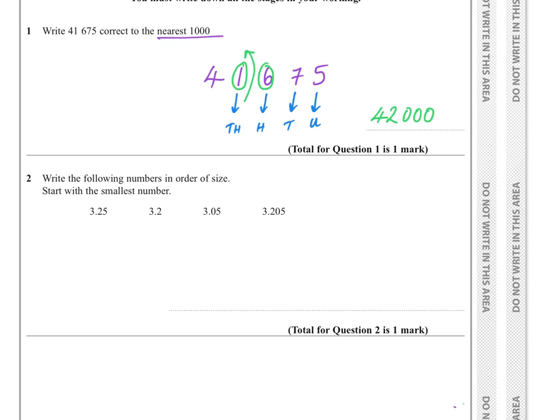Question 2. We have to write the following numbers in order of size. Start with the smallest number.